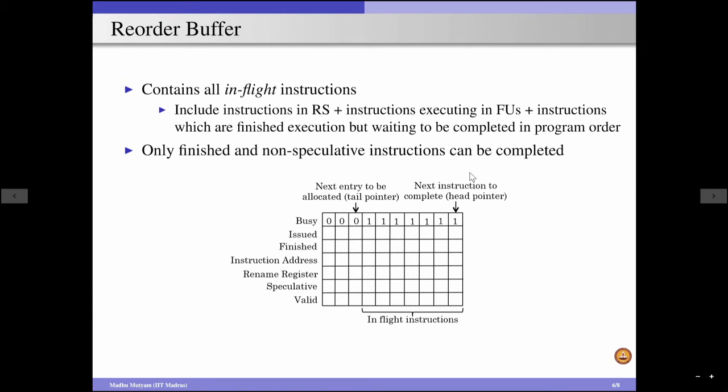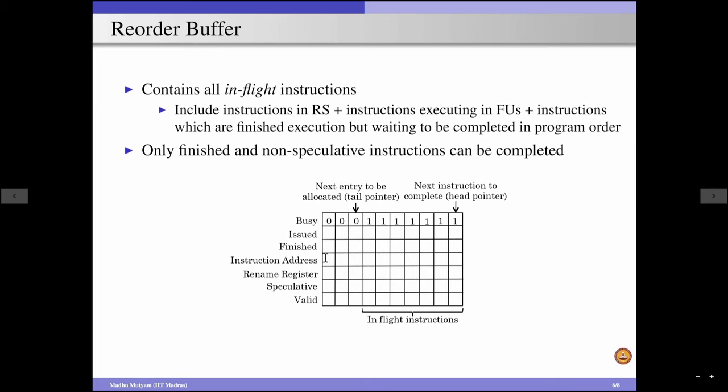So whenever we are going to select an instruction pointed to by the head pointer from the reorder buffer to complete, we have to ensure that the speculative bit for that instruction is reset, the valid bit is set, and its finished bit is also set, because there may be a scenario where an instruction comes to the head of the ROB but has not yet finished its computation.